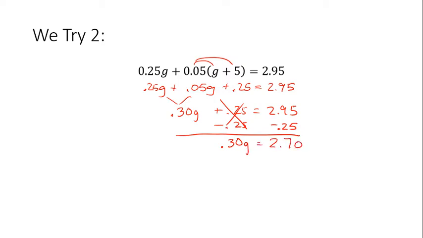Now I'm going to divide both sides by 0.30, and I should get g is equal to 9. Since I have g all by itself, with nothing else, and I only have one number here, I'm all done.